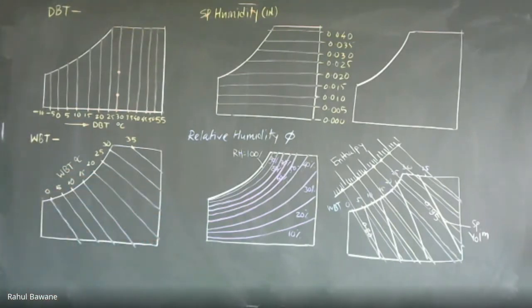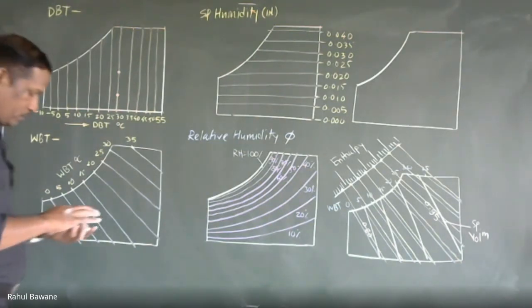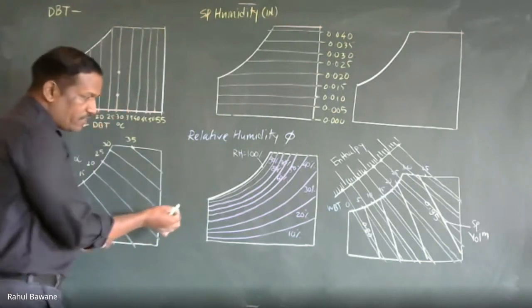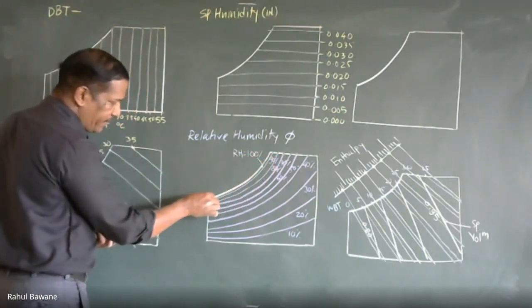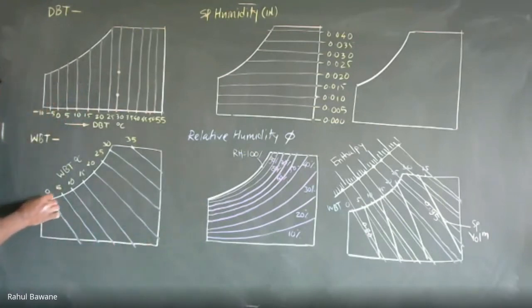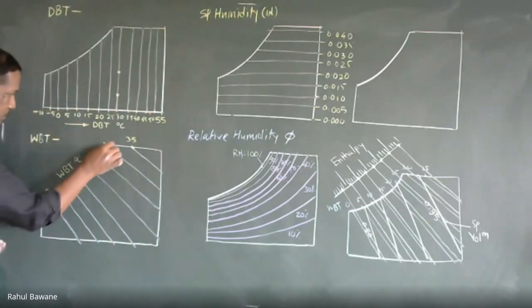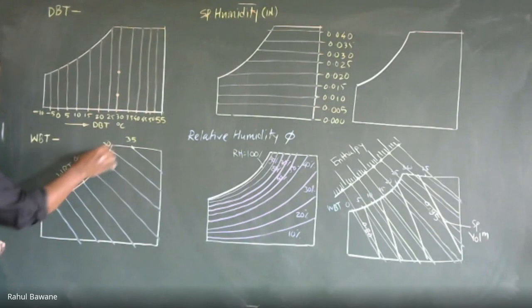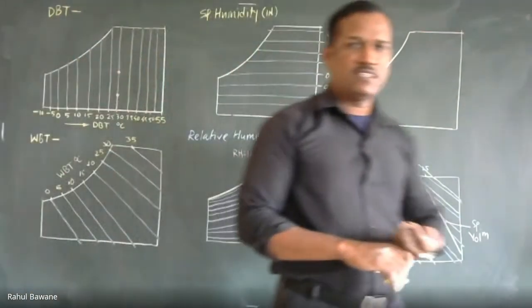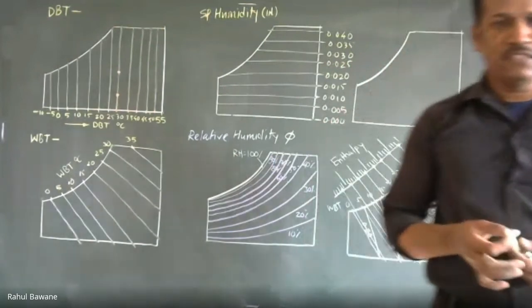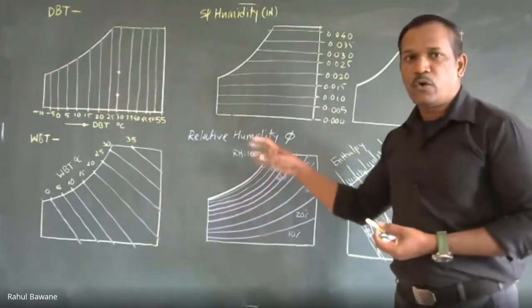Now the last point is the dew point temperature. So be careful, listen carefully. This is the 100% relative humidity line. This is the wet bulb temperature curve, so the scale is on this wet bulb temperature. And we know that when relative humidity is 100%, we can't add any more moisture.